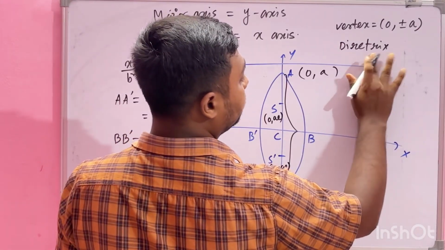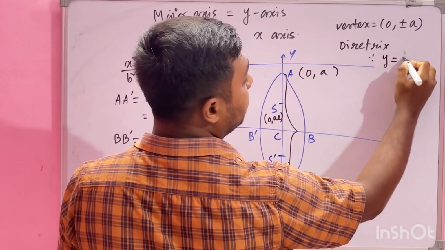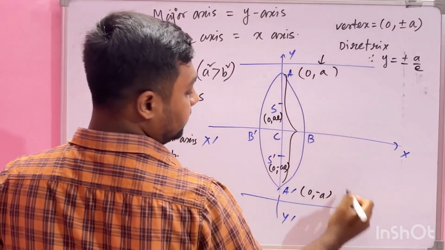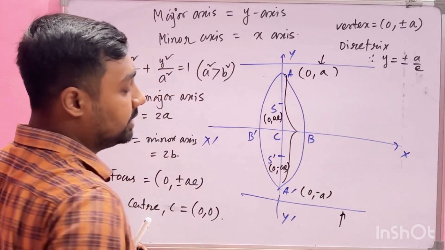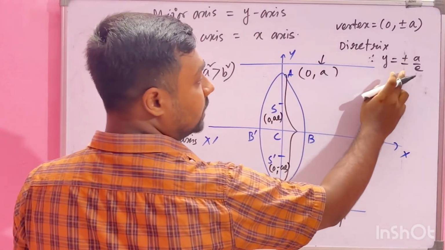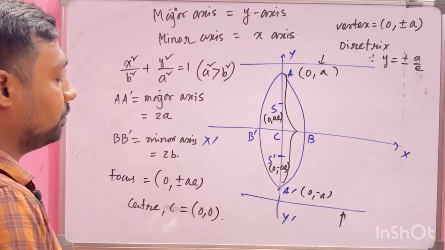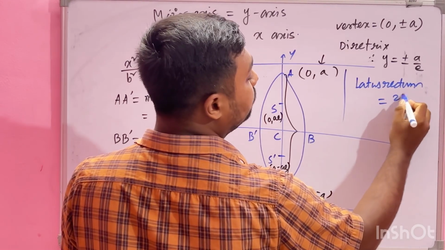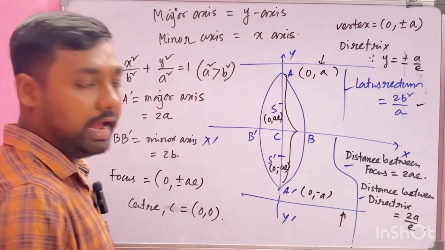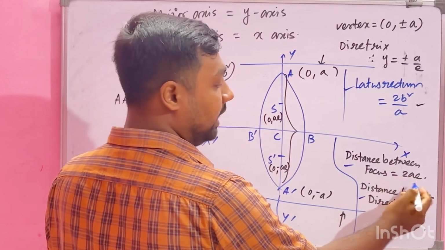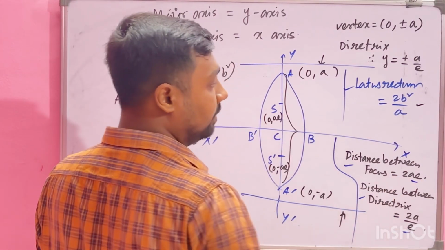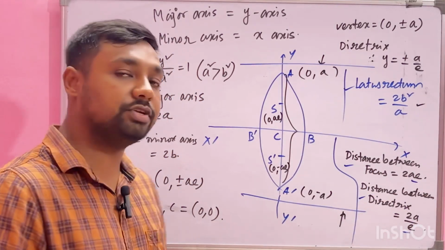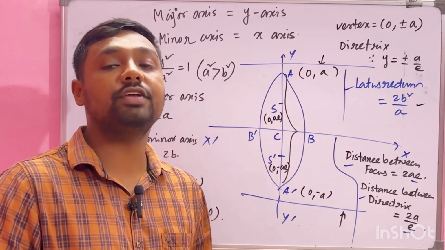The directrices are parallel to the x-axis, so the equation of the directrices will be y equal to plus minus a by e. The latus rectum for every ellipse will be 2b square by a, the distance between foci is 2ae, and the distance between directrices is 2a by e. The latus rectum, the distance between foci and the distance between directrices, these three things are fixed for every ellipse.